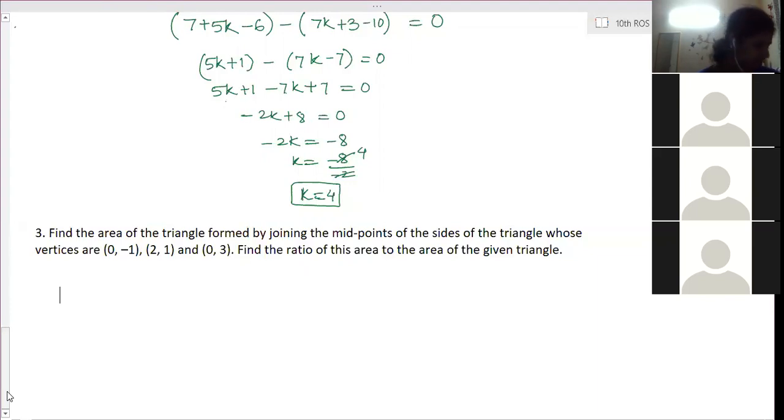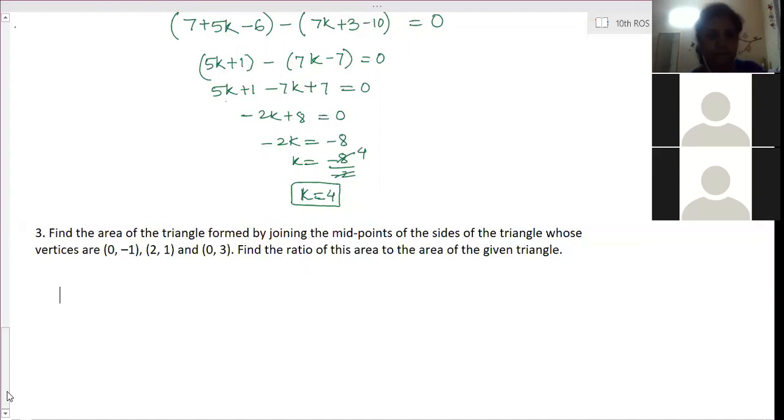Ma'am, what is the second one's answer? What did you get? I got minus 11, ma'am. No, it's 3. Check again.